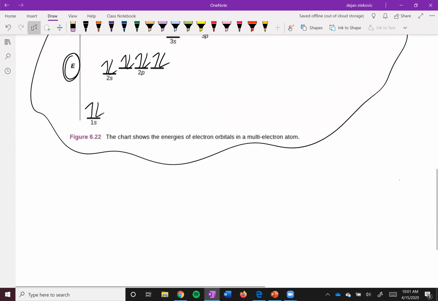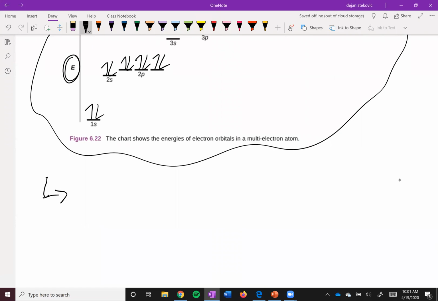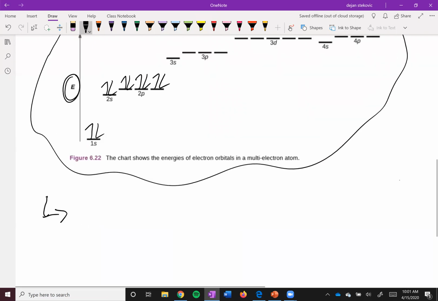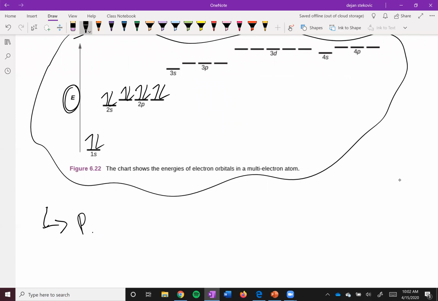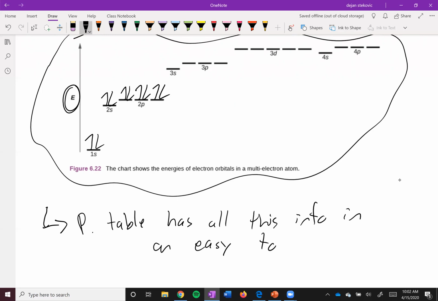Next up, we're going to show you how the periodic table can be used to get all of this info very simply. The periodic table has all of this information in a very simple way to read it.